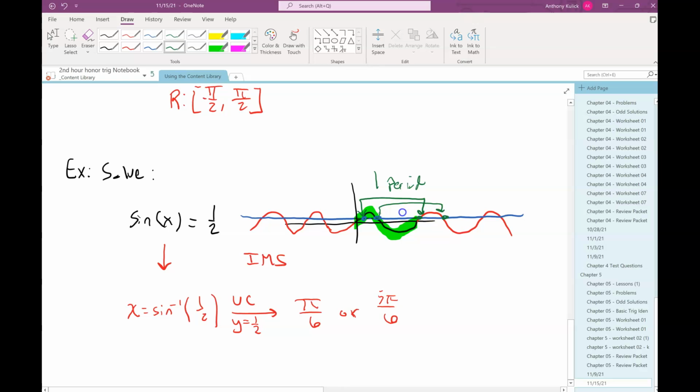Similarly, between these two solutions, also one period, right? How far apart are going to be those corresponding solutions always? One period, right? Everybody agree?